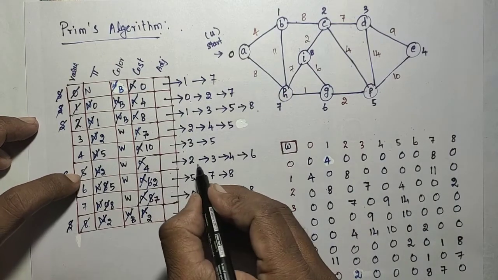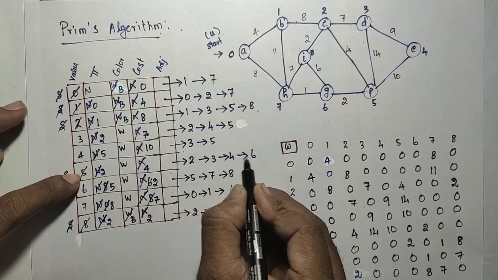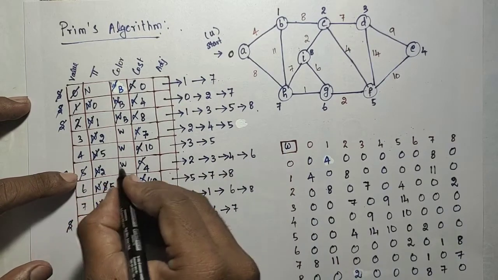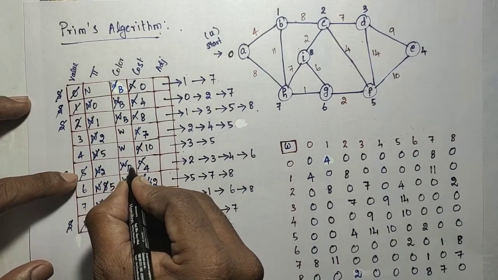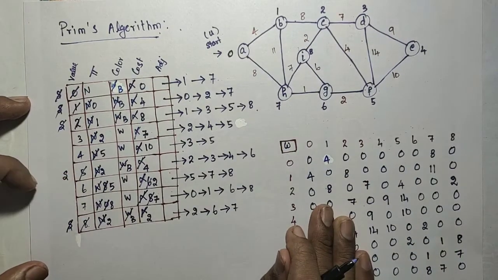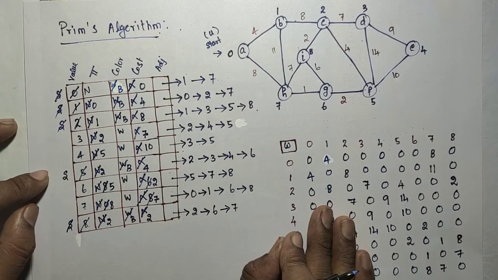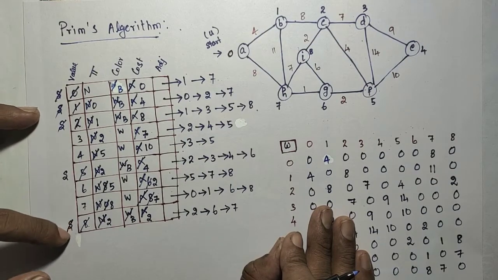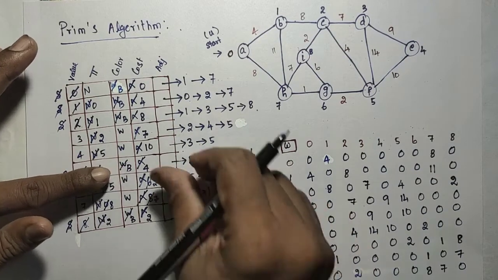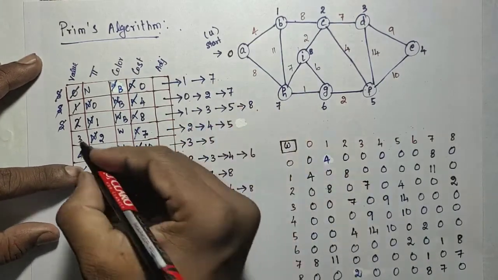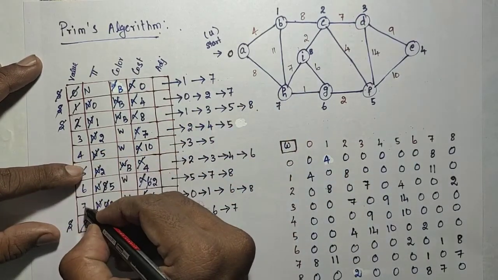So now 2, 3, 4, 6 are all updated. After updating, that node color will be changed to black. So we have changed it. It is also extracted. So next we need to look for the minimum one. From the remaining nodes 3, 4, 5, 6, 7 only.